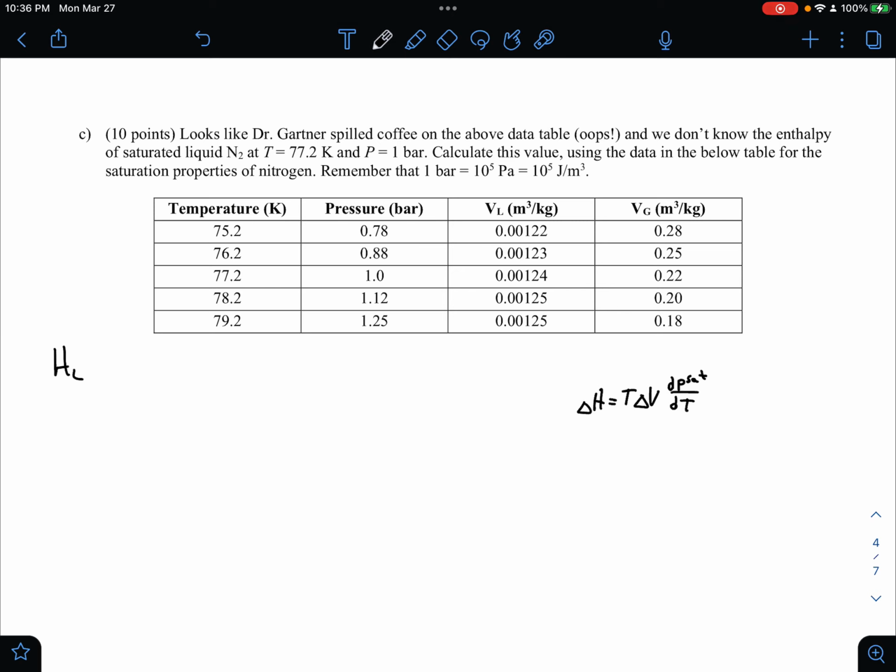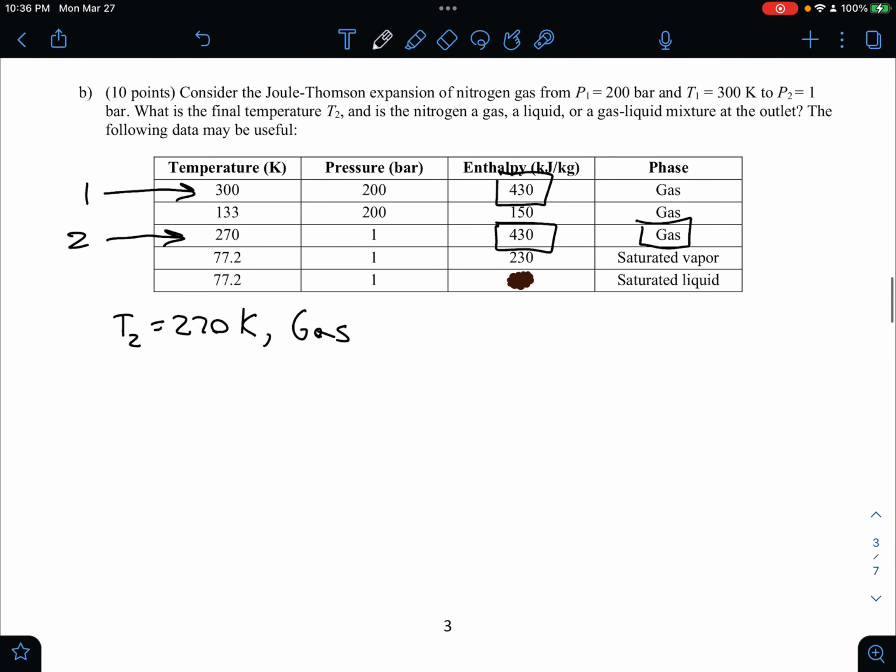I should also point out that delta H given here is going to be the H of the vapor minus H of the liquid. And so if we want H of the liquid, that means H of the liquid is going to be H of the vapor minus delta H. Oh, how nice, we're given H of the vapor.